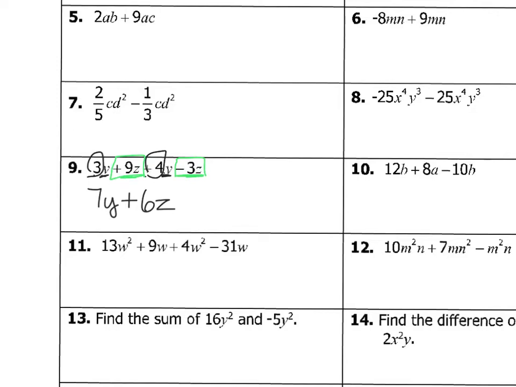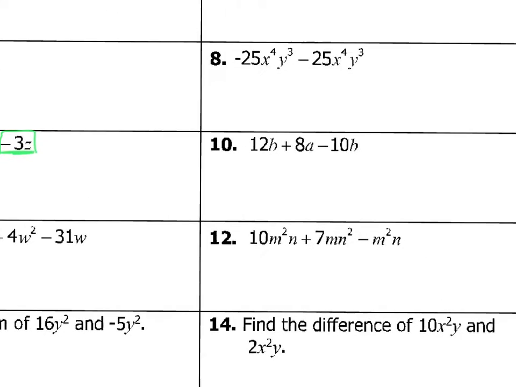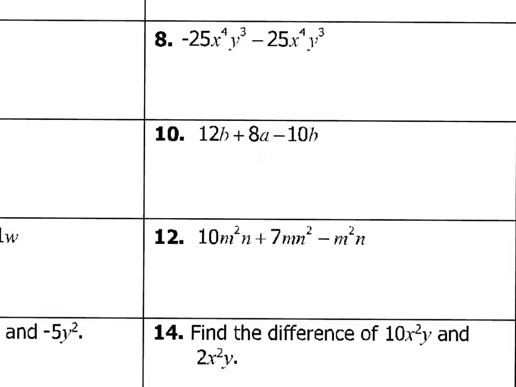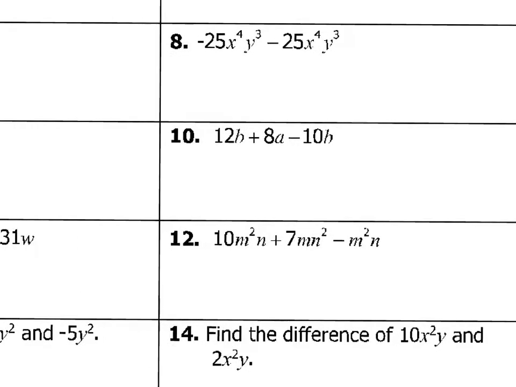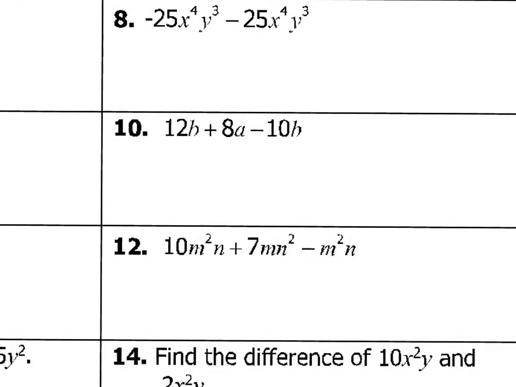Especially when you get a longer one, it's got a bunch of different variables in there, I like to put boxes around each monomial, each term, and then combine them. That way I can make sure I'm not missing one or putting one twice or combining it with the wrong term.